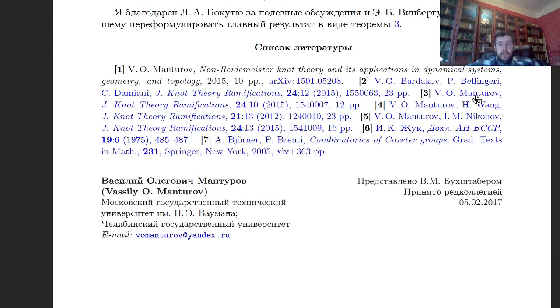He worked in Belarus, and he published a paper in the Academy of Sciences of the Belarus Republic, and he gave a generalization of the Coxeter group where generators squared are not necessarily equal to 1. So we don't necessarily have involutions.